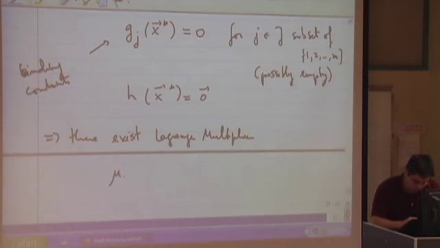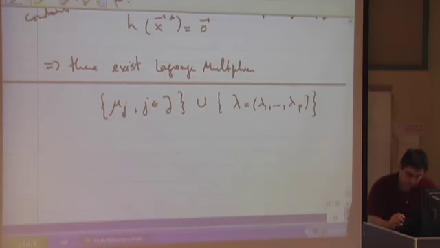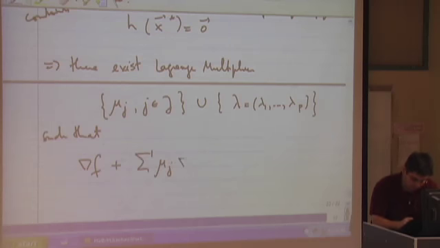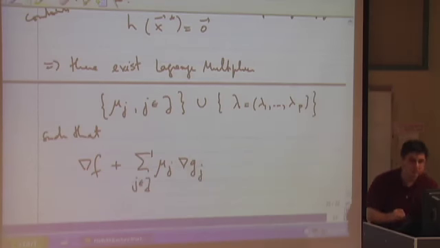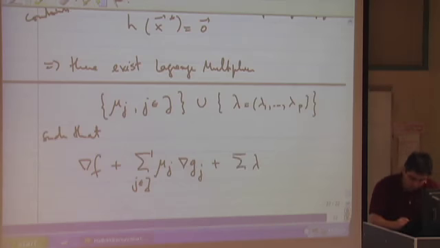We use mu_j, and of course lambda, which is lambda 1 through lambda p, such that the gradient of f, so that's the optimization, plus the summation of mu_j gradient of g_j, j belonging to this subset, possibly empty, plus the summation of lambda_l gradient of h_l, l from 1 to p, equals 0.